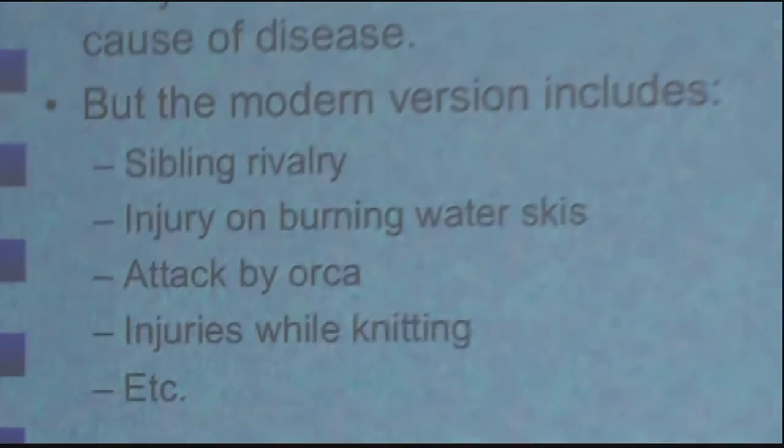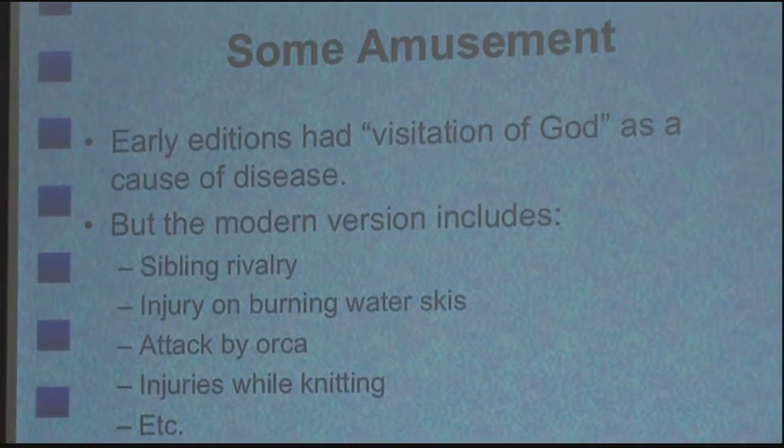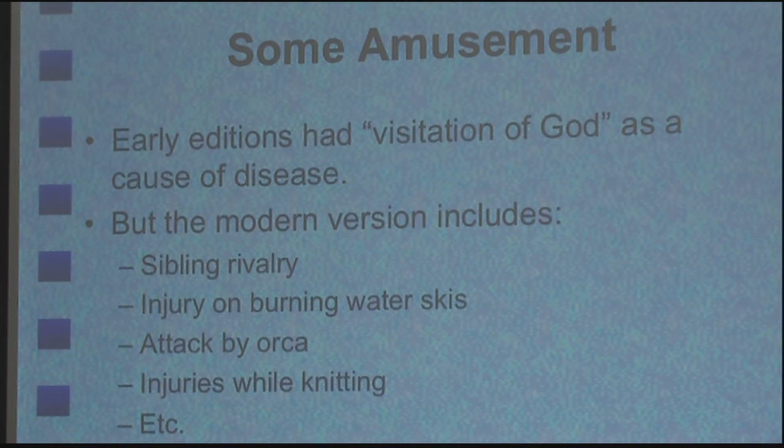So the early editions, in this article you read that, it used to be like you could have visitation of God was one code for the cause of disease. But the modern version includes things like sibling rivalry and injury on burning water skis, an attack by an orca, and injuries while knitting. And there's a bunch of others they mention.